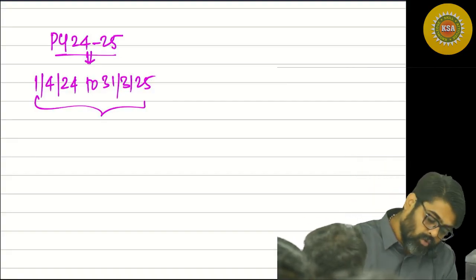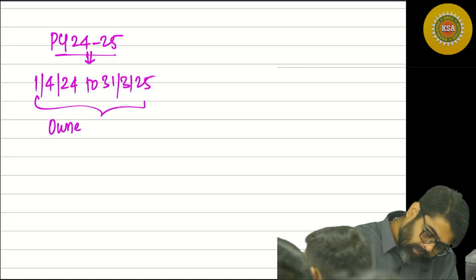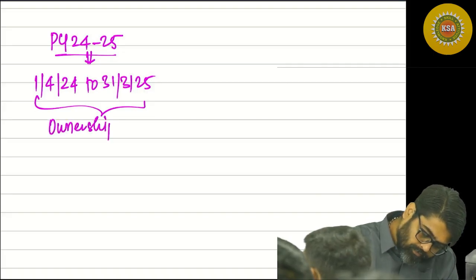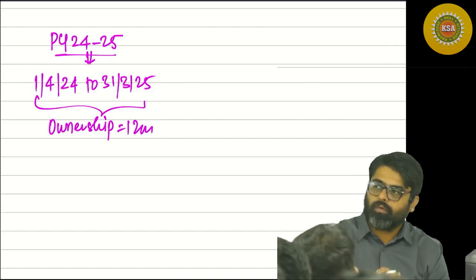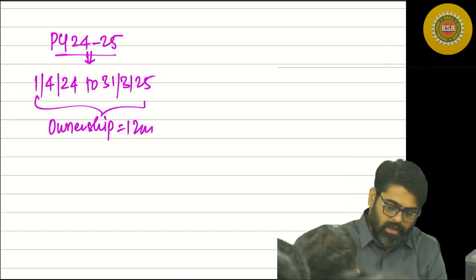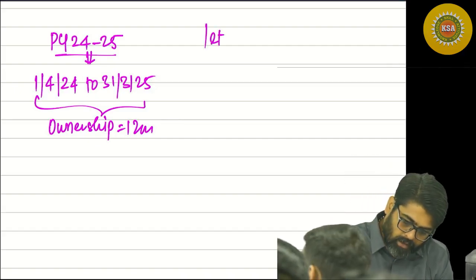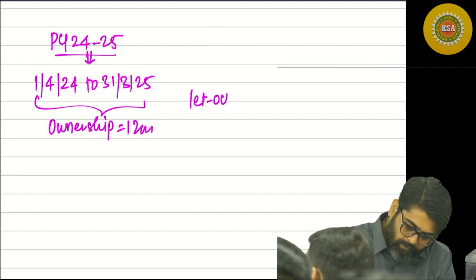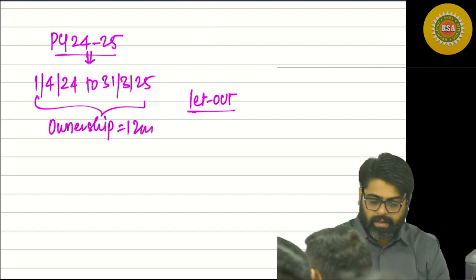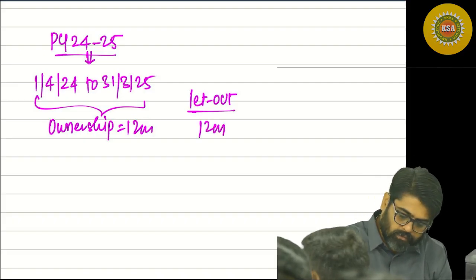So ownership is for how many months? Now, out of the 12 months of my ownership, I will let out the property. Can I let out the property for full 12 months?